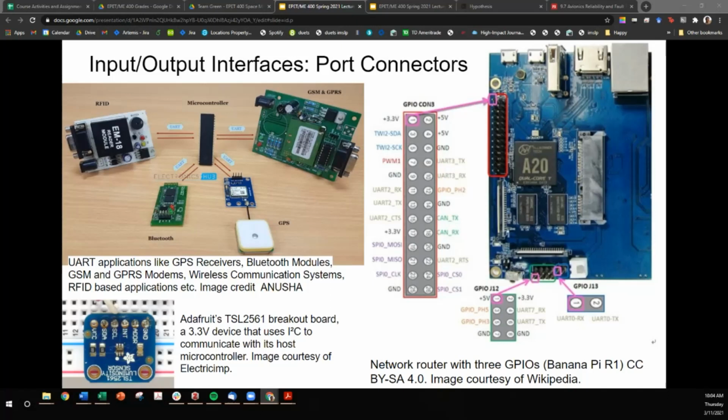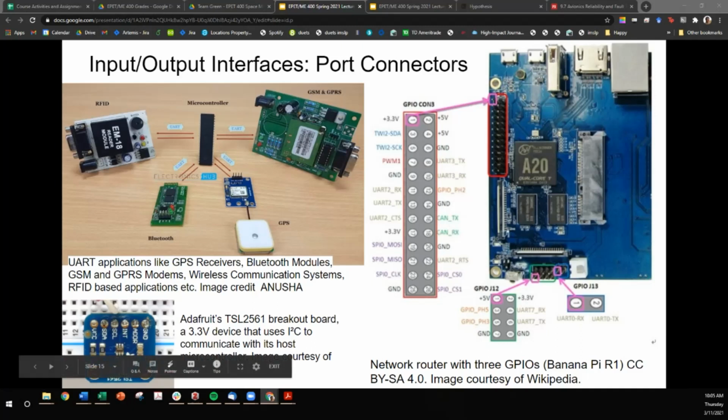You'll also see connections like UART, Universal Asynchronous Receiver Transmitter, which physically look like this and have a lot of applications like through GPS receivers, Bluetooth modules, wireless communication systems, RFID.